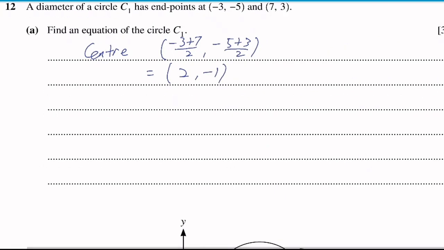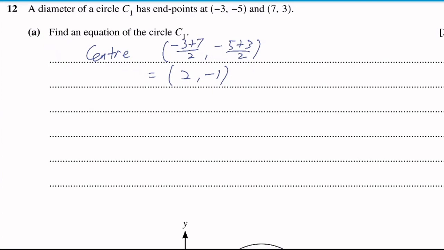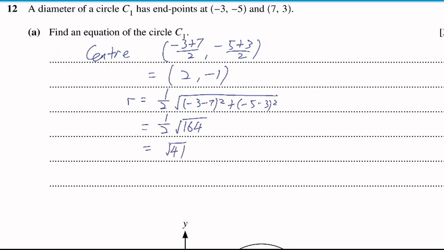So this is the center of the circle C1. And then if you want to find the radius, it is half of the distance between the two endpoints. I think this is 100, and then this is 164, which is a third 41.